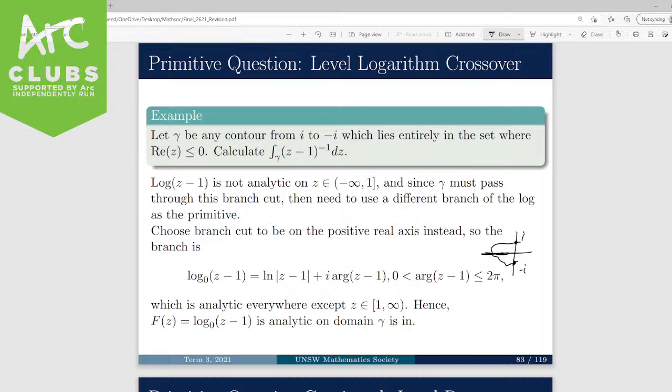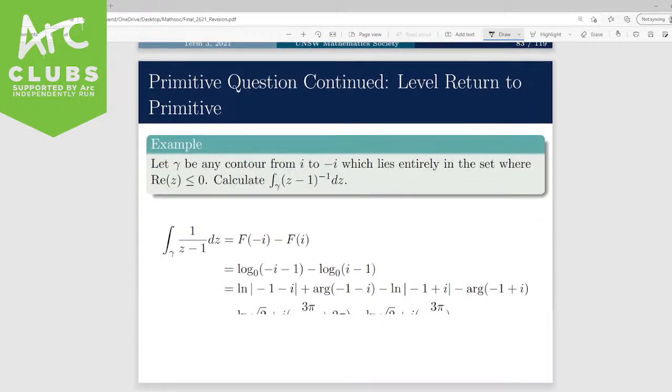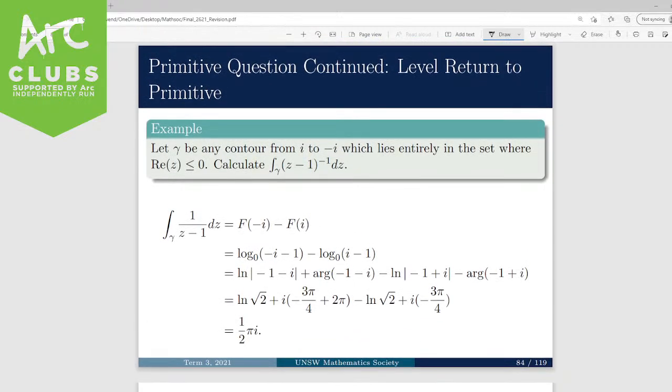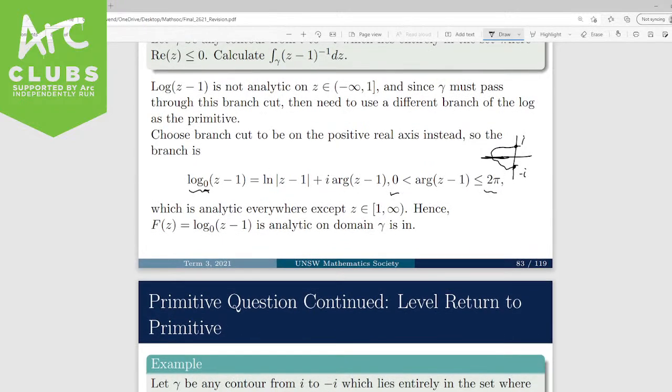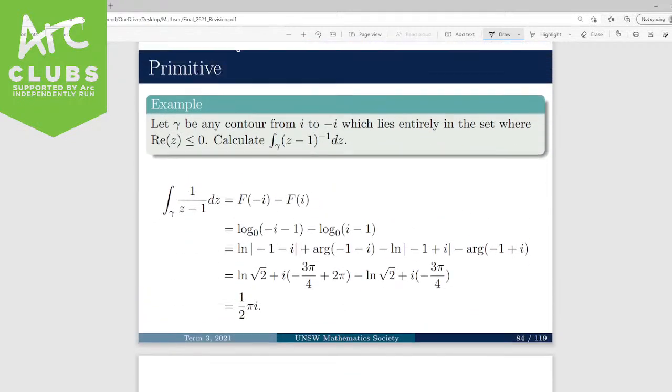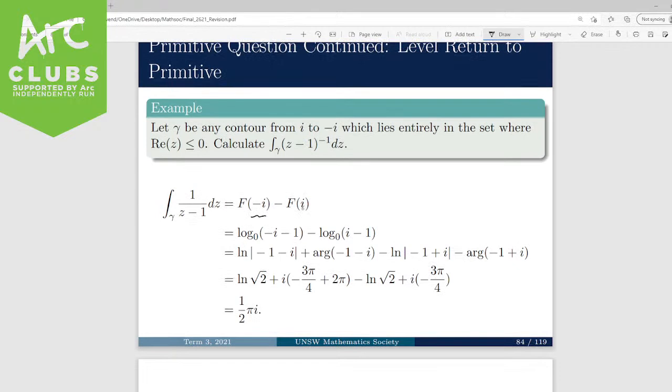So the plot twist to this question was you just chose the positive real axis as the branch cut, and there's no more plot twist after that. You just need to figure out that you're going for that 0 branch cut, and then you can choose your argument appropriately, only going from 0 to 2 pi instead of negative pi to pi. Other than that, the question works out pretty similarly to the one before, where once you have the primitive, which as you can see we figured out to be log_0 of z minus 1, you can sub in your final point and your initial point, and life pans out well.